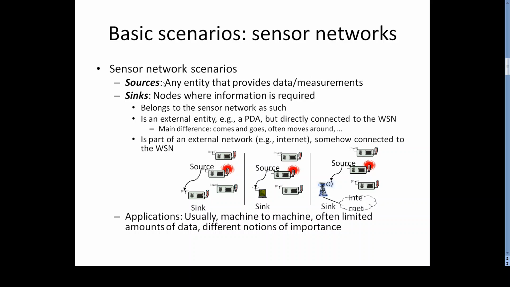So sources are any entity that provides data or measurements. Sinks are nodes where information is required, and they receive the data. Applications are usually machine to machine, often with a limited amount of data transmitted, and it depends on different notions of importance.